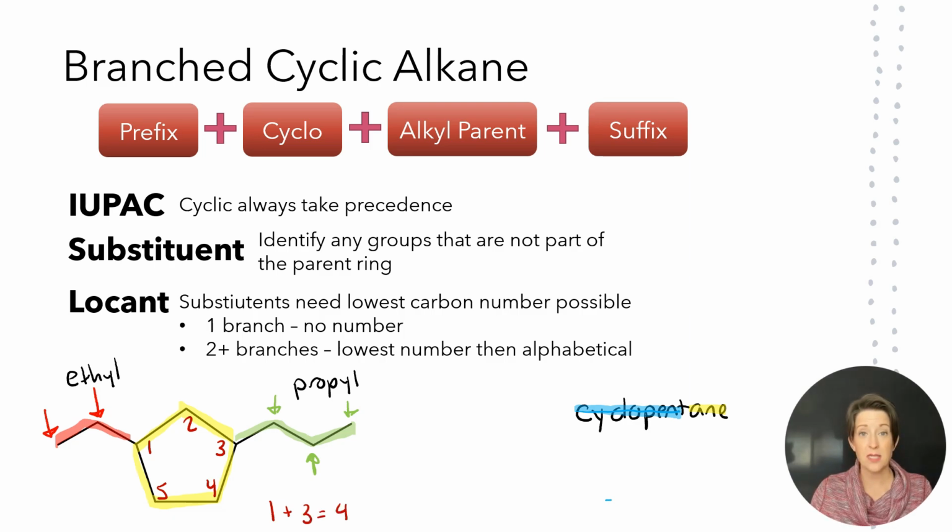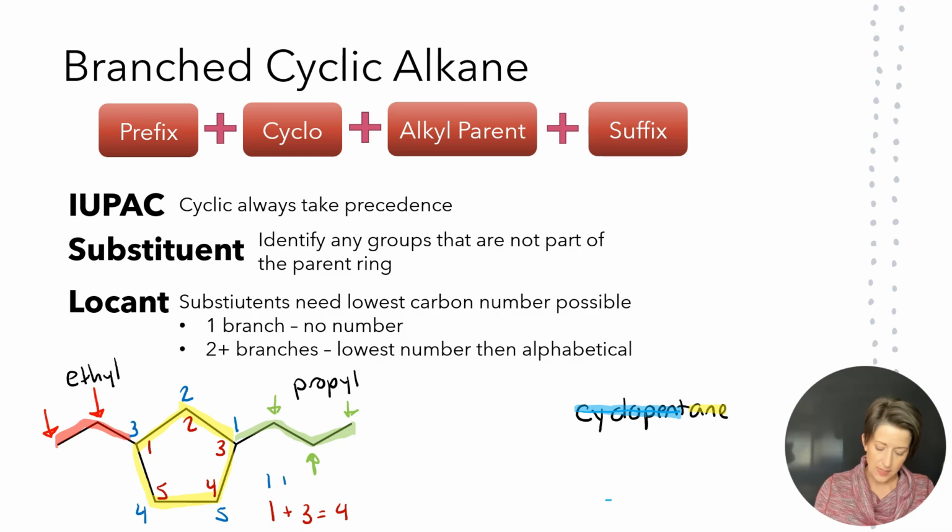So that gives me a sum value for my locants of 4. If I start with propyl as number 1, I'm going to count counterclockwise to make sure that the ethyl group has the next lowest potential locant value. 1, 2, 3, 4, 5.